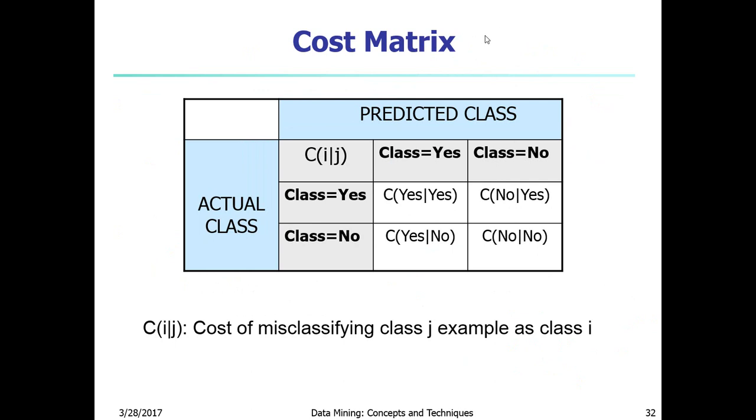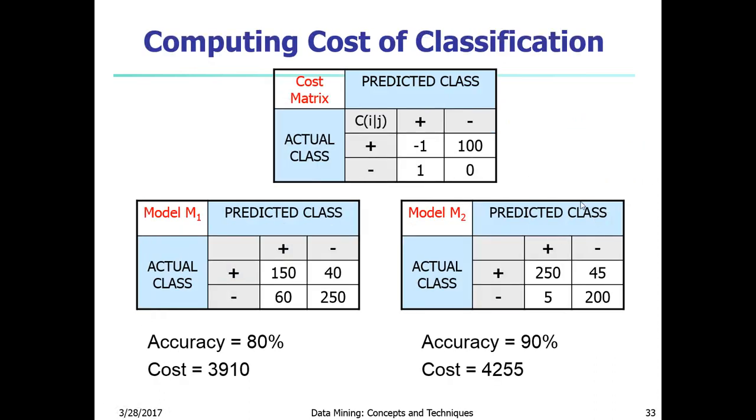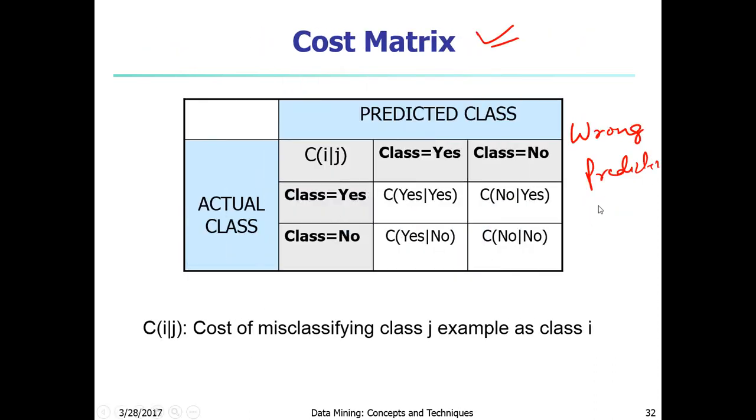The next one is the cost matrix. Well, the cost matrix is similar to what you have seen in the confusion matrix, except that we are calculating the cost of missing out on a prediction, or the cost of a wrong prediction or right prediction.